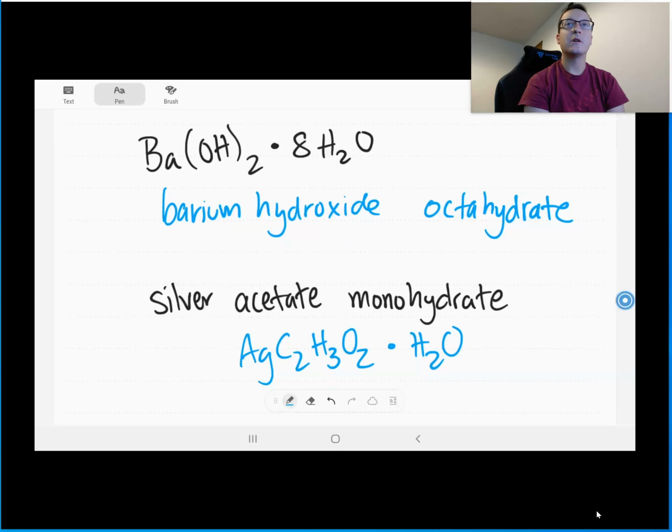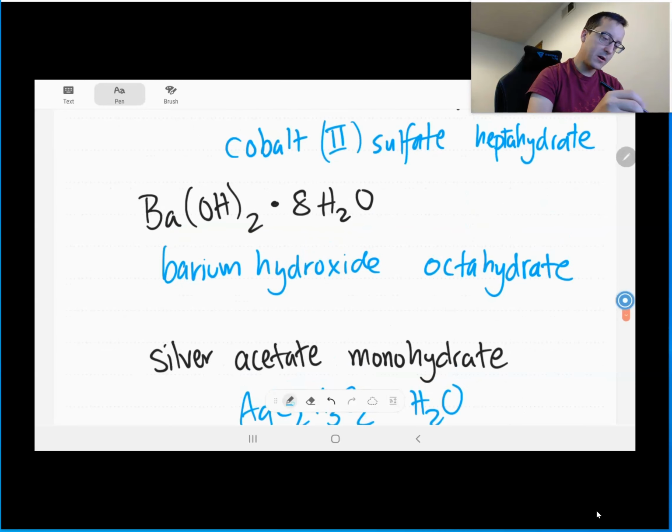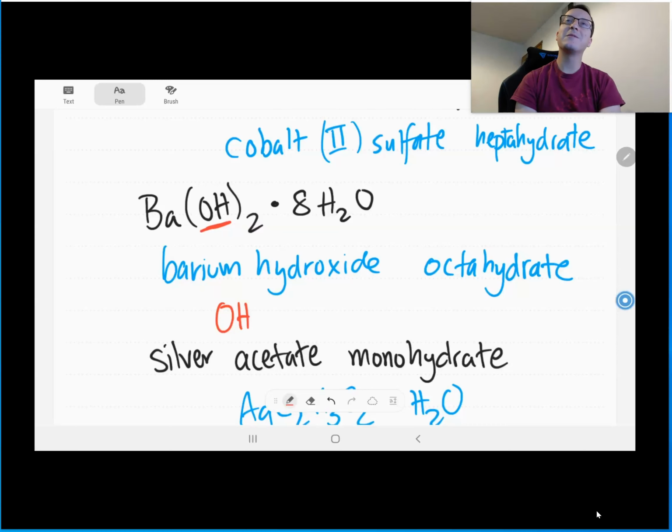Why is it hydroxide? So, the part that I'm going to underline in red, it's not wrong, but typically, for whatever reason, chemists do not like to ever put 1. It's just assumed everything is 1 otherwise.